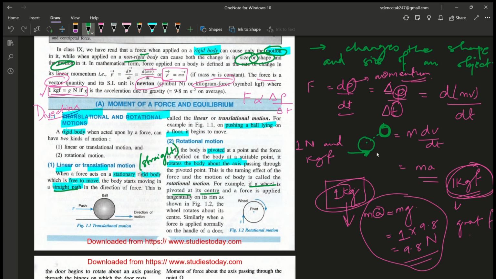There's a force applied this way in case of this wheel. Here we applied a force, and because of this force, this wheel would move about its center. The force is applied tangentially, that is, through a tangent, and this rotates the wheel about this given pivoted point, right?